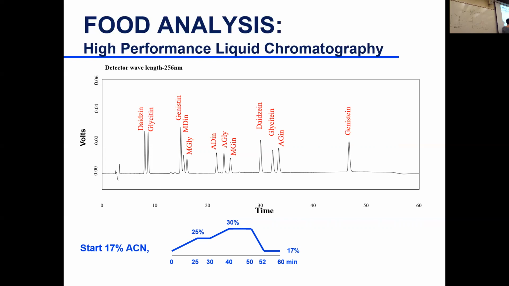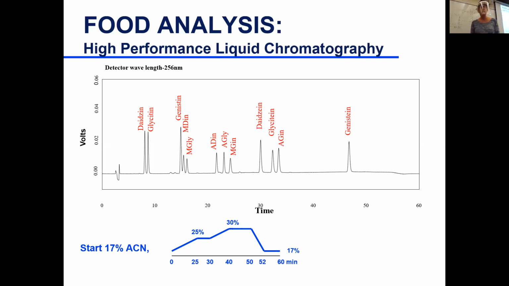Potentially, this isocratic hold helps with separation. If I continued increasing linearly, I might lose separation of the peaks that are close to each other. So I try to keep it isocratic so that my peaks are separated.